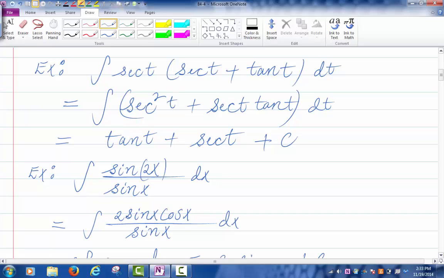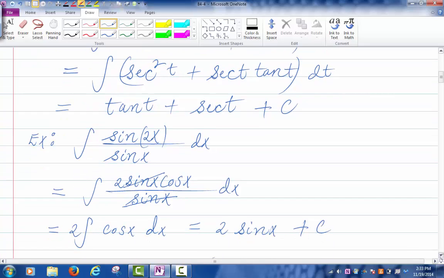So if you do that, now you can cancel out sine x. You'll be left with 2 times cosine x, right? So cancel out sine x at this point. You get 2 cosine x. And integral of 2 cosine x is what? 2 times sine x. So it's 2 times sine x plus c. That's the integral at the end. Is that okay?